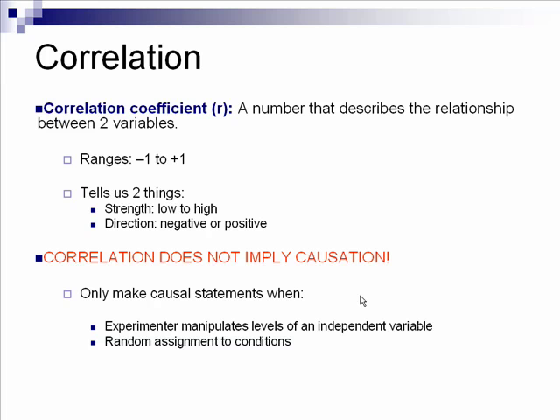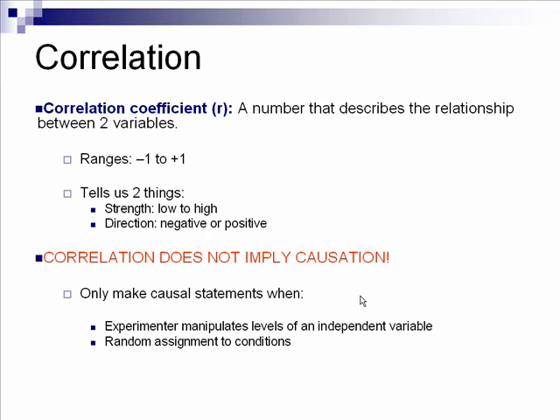And two characteristics that we know about correlation coefficients. Anytime you see that number, you'll know what the strength of the relationship is, and you'll know the direction of that relationship. In terms of the strength, you can determine how strongly two variables are related to each other, and by strength, what I mean is how well can we predict one variable from the other?